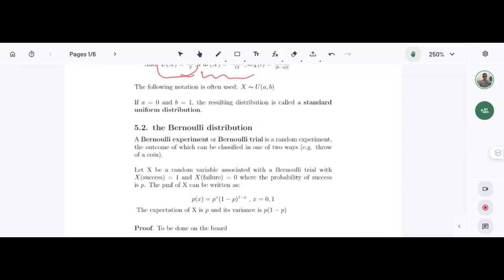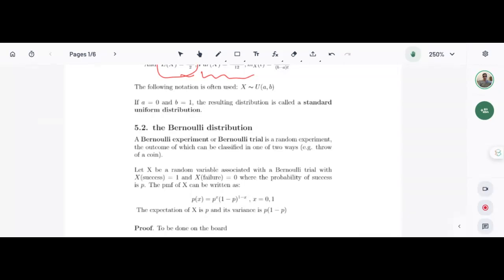And it is somehow completely arbitrary. What you are defining as success might be defined as failure by me. A nice, easy example of Bernoulli trials is flipping a coin. It has binary outcomes. Either you have tail or head.